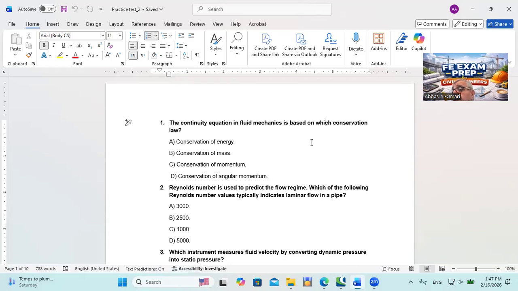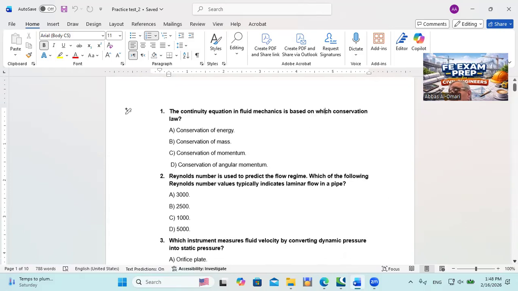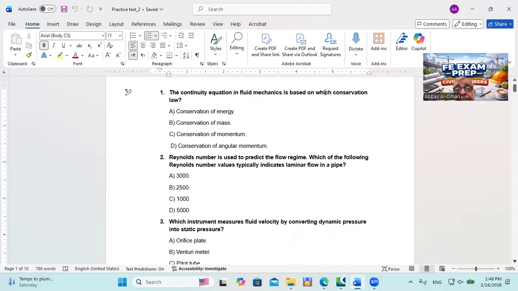Now the second question, Reynolds number is used to predict the flow regime. Which of the following Reynolds number values typically indicates laminar flow in pipe flow? Now, pipe flow is classified as laminar flow or turbulent flow based on Reynolds number.